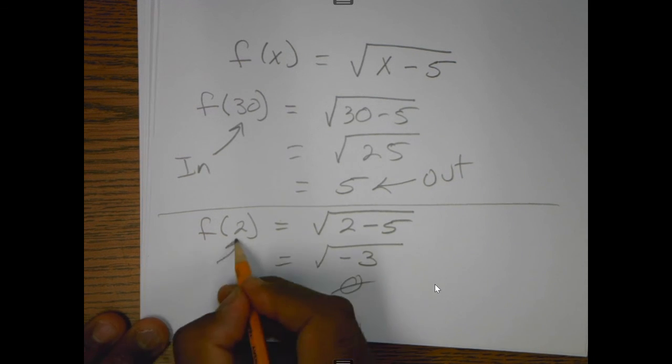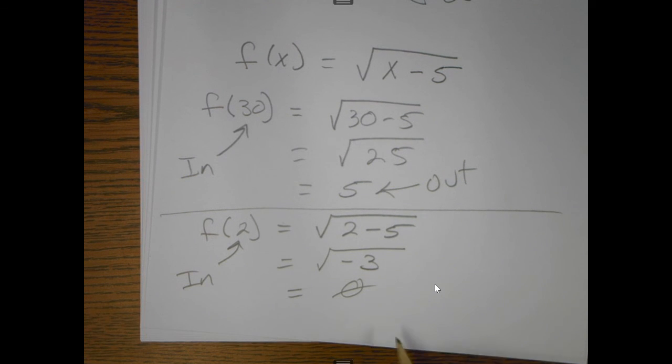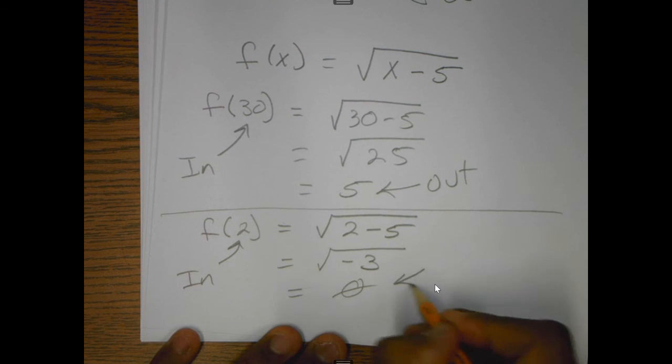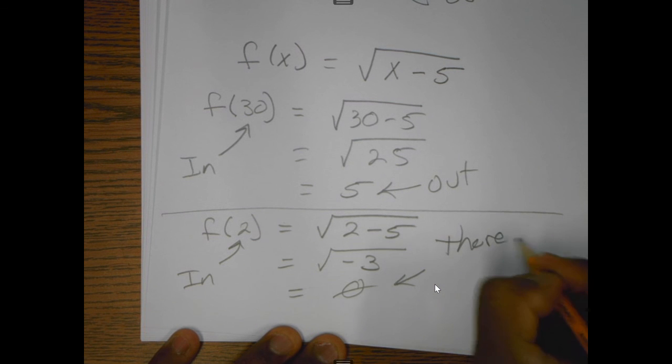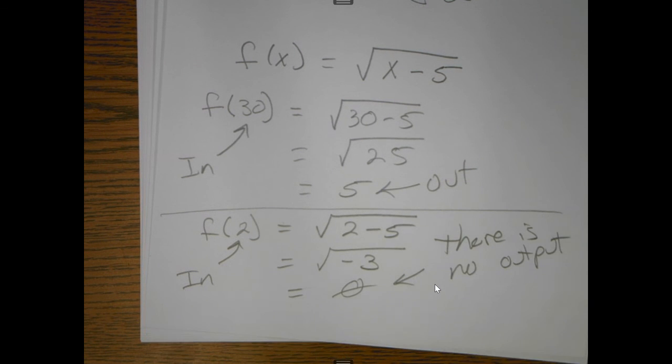If I put in a 2 as my input, there is no output. I cannot go to In-N-Out and ask them how much a taco costs. They're not going to say, well, $2. They're going to say, we don't even offer tacos. It doesn't fit into the function.